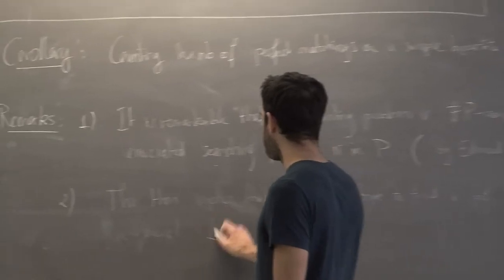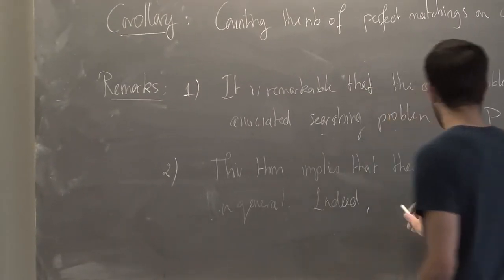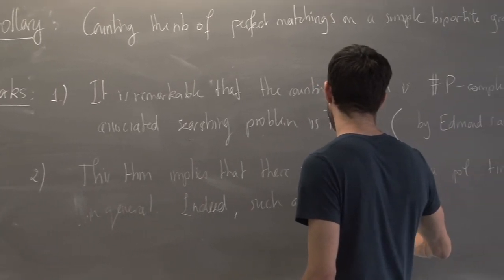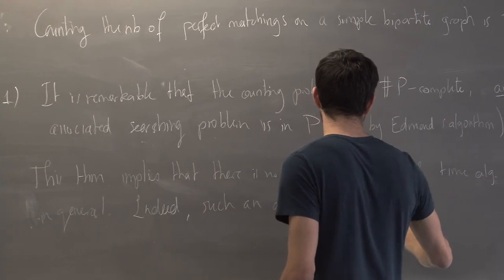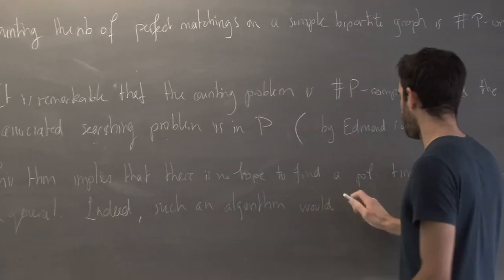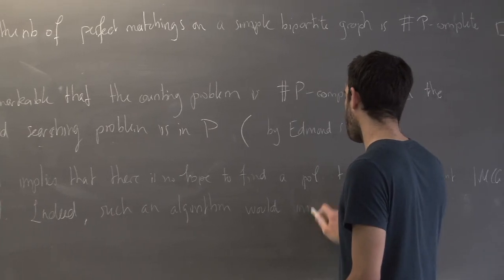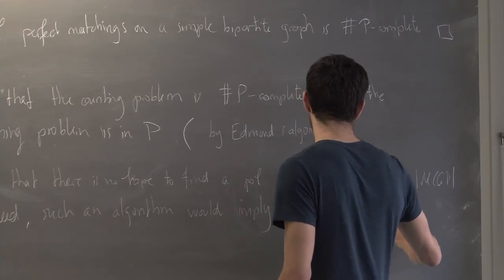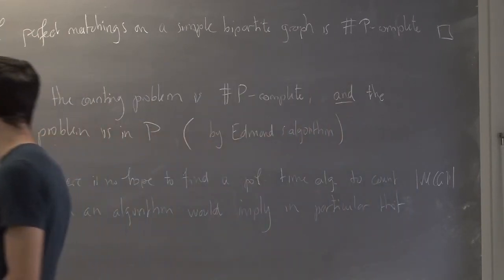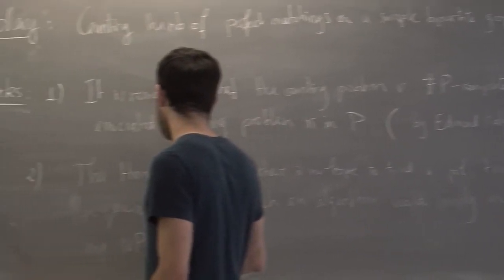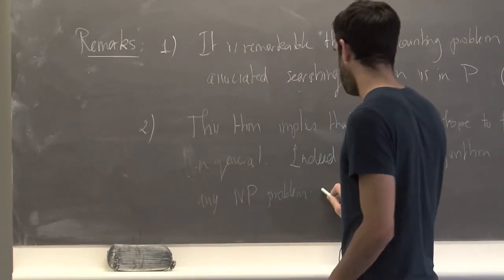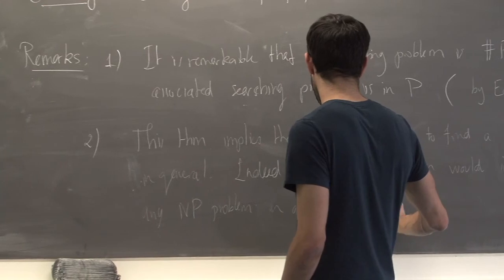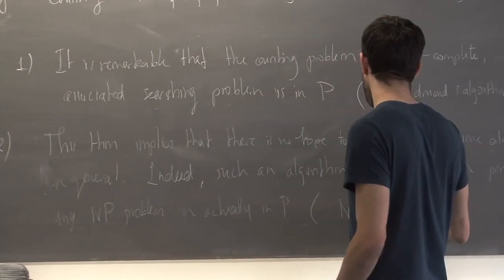So indeed, such an algorithm would imply, in particular, that any NP problem is actually in P. So that's the famous P equals NP thing.